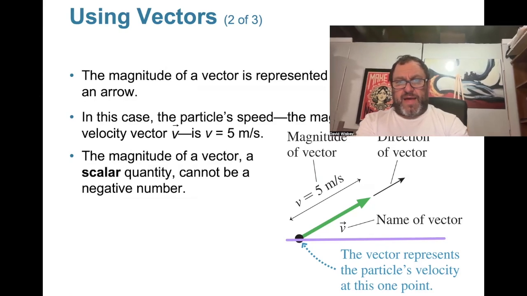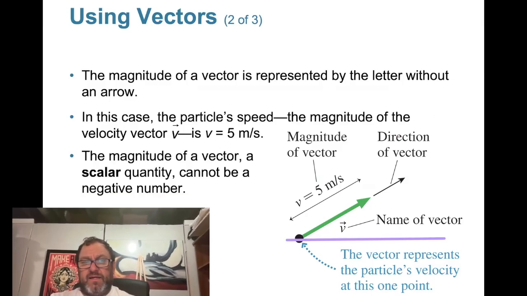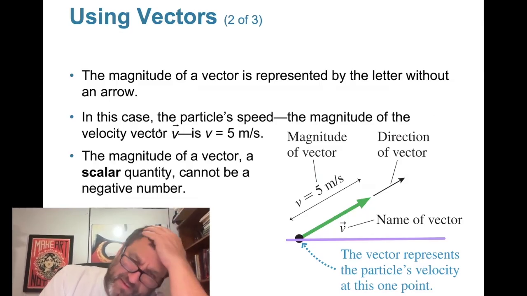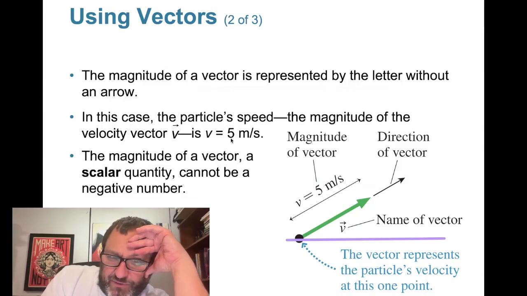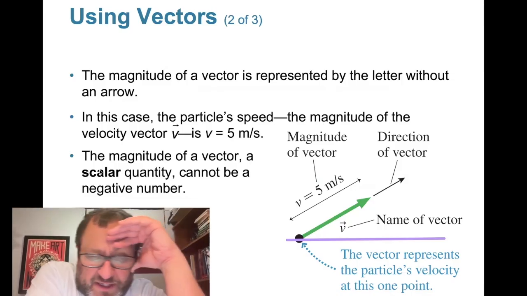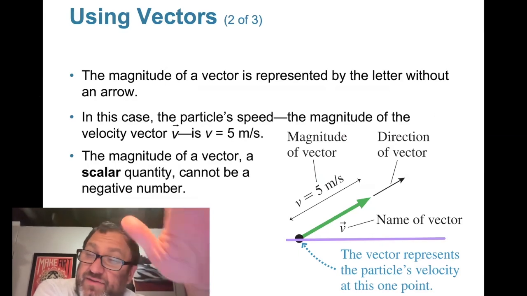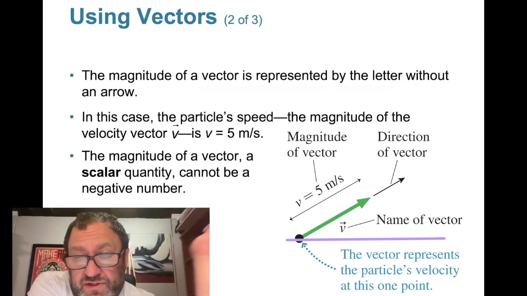The magnitude of the vector is represented by a letter without an arrow. In this case, the particle speed, the magnitude of the velocity vector v, and they'll put this little arrow over that. That means it's a vector. And its magnitude v without the arrow is 5 meters per second. The magnitude of a vector, a scalar quantity, cannot be negative. It's always positive.